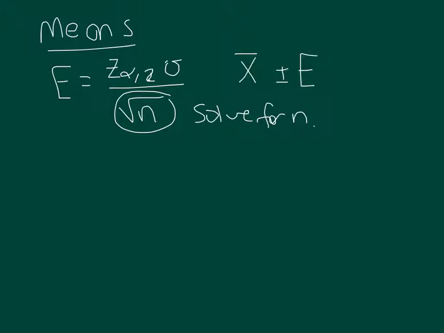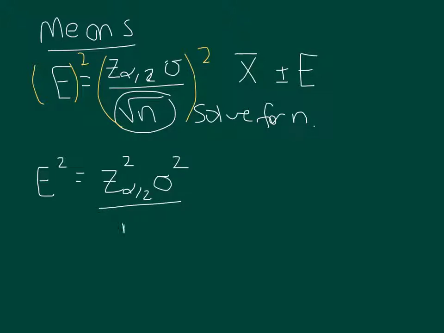I think we'll start by squaring both sides, because we've got to get rid of that square root. If we square both sides, we get E squared equals z alpha over 2 squared times sigma squared over n. Then we can cross multiply, taking n over and E squared down.